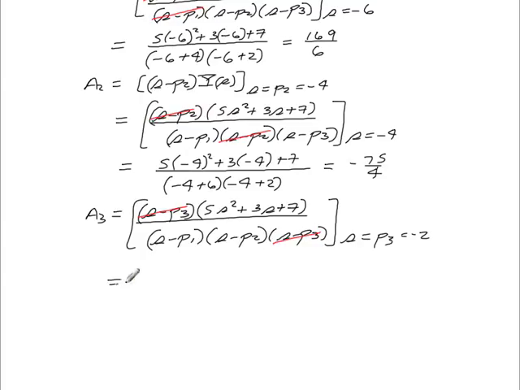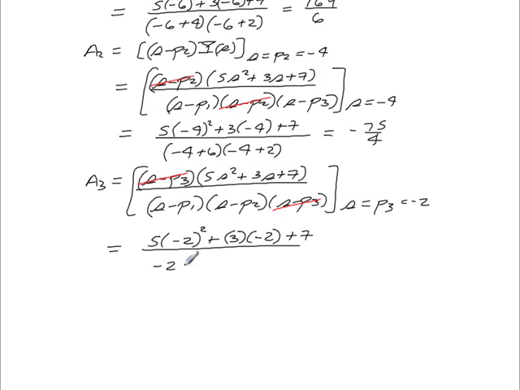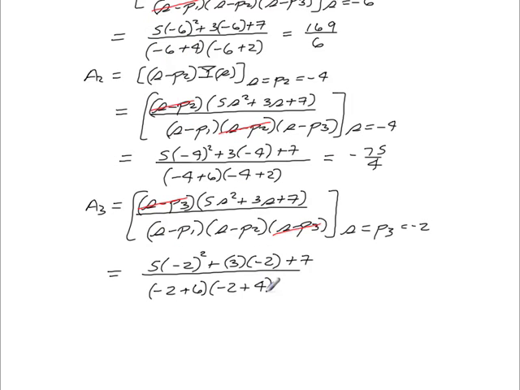And we get 5 times minus 2 squared plus 3 times minus 2 plus 7, and we get s, which is minus 2, minus p1, which ends up being a plus 6, and minus 2 minus p2, which gives a term of plus 4.